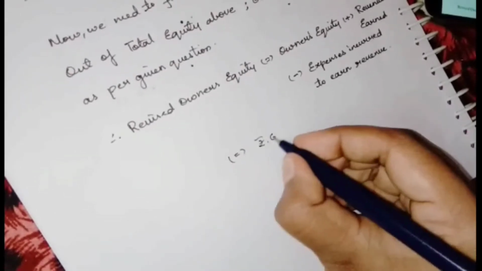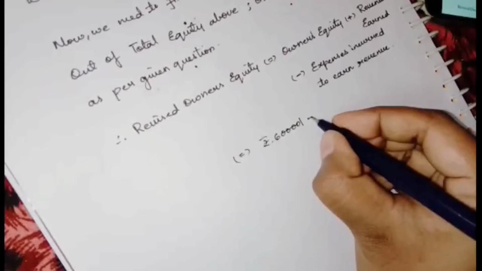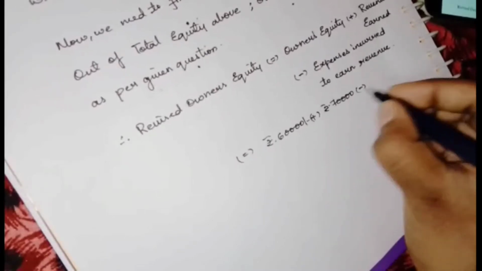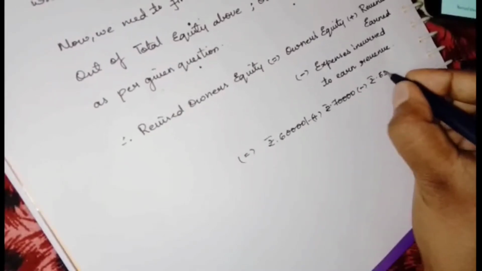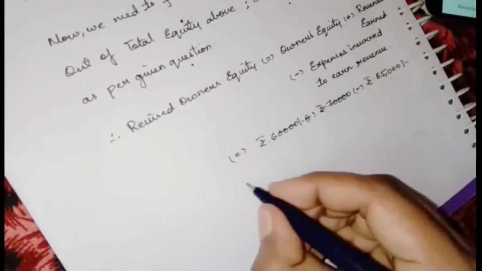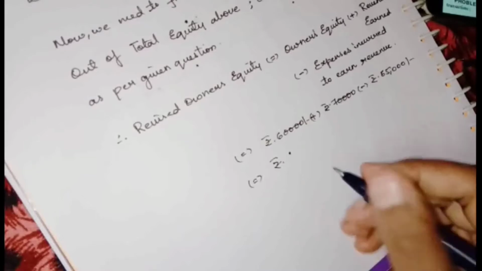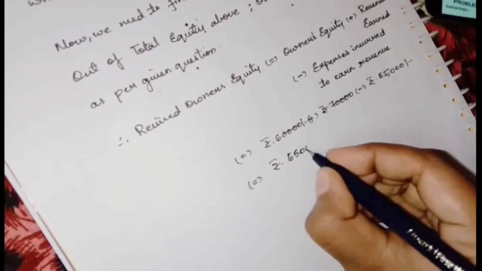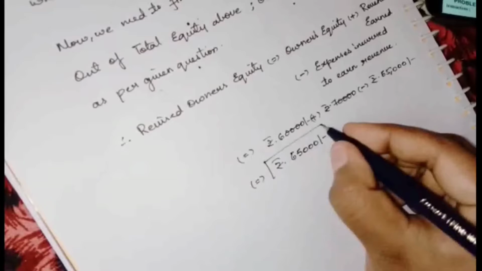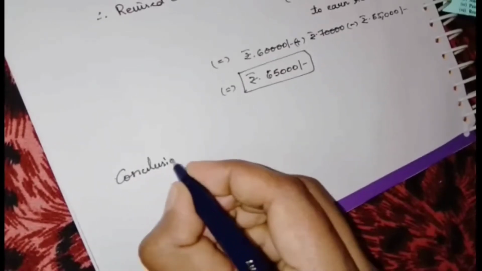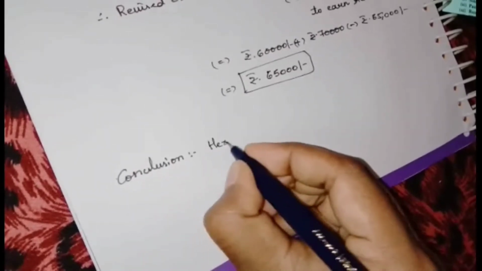Owner's equity, given in the question, is 60,000, plus revenue earned, that is profits, 70,000, also given in the question, less expenses, 65,000, which we have incurred during the year, equals total revised equity of 65,000 rupees.